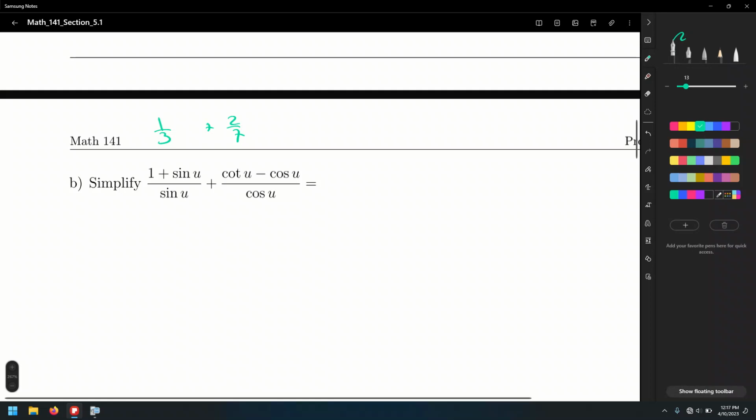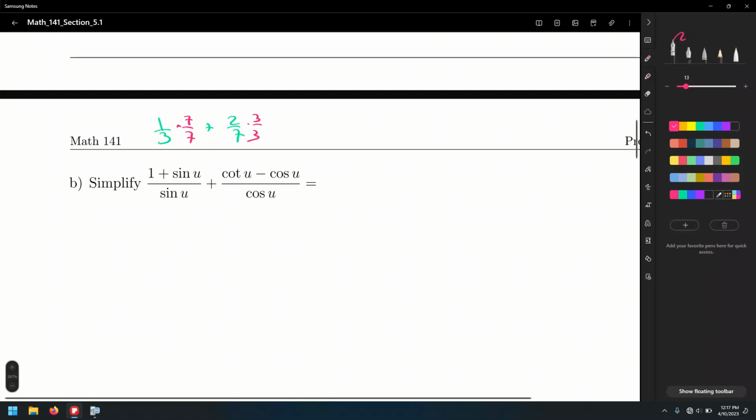However, when we have different denominators on both fractions, we need to come up with a least common denominator. That is, multiply numerator and denominator of the first fraction by the missing factor, which in this case is 7, and in this case multiply and divide by 3.